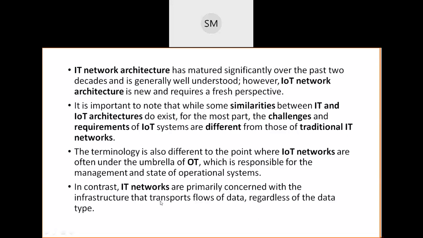It focuses mainly on security. IT networks transport the flow of data irrespective of data type; that data may be of any type. So OT is responsible for the management and state of operational systems, and IT is responsible for the secure transportation of data. If both work together, then IoT networks will also work successfully.